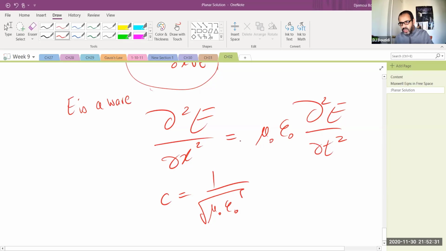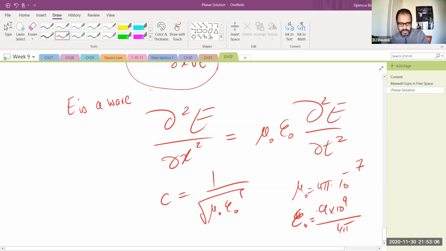So when you invert it and you take a square root, because mu naught and epsilon naught are both positive numbers. As a matter of fact, I know mu naught equals 4 pi times 10 to the negative 7. And I know epsilon naught, if you guys remember from the discussion before, way back, 1 over 4 pi epsilon naught is 9 times 10 to the power 9.